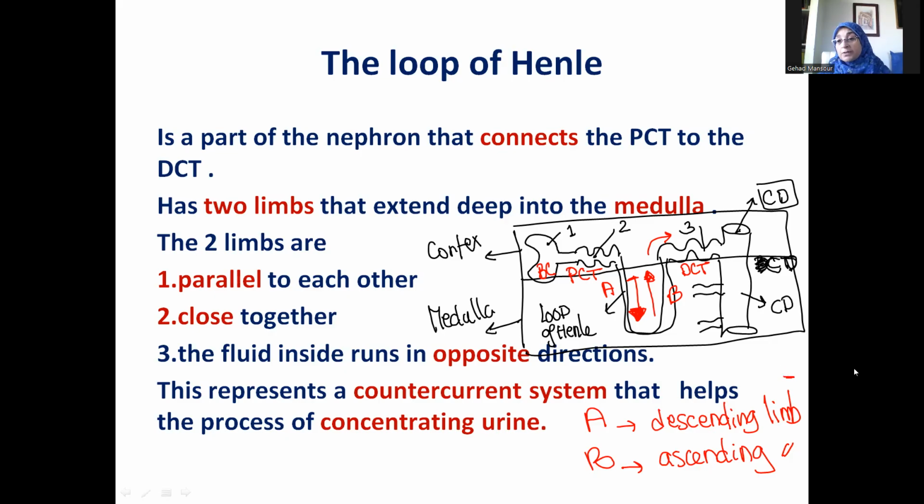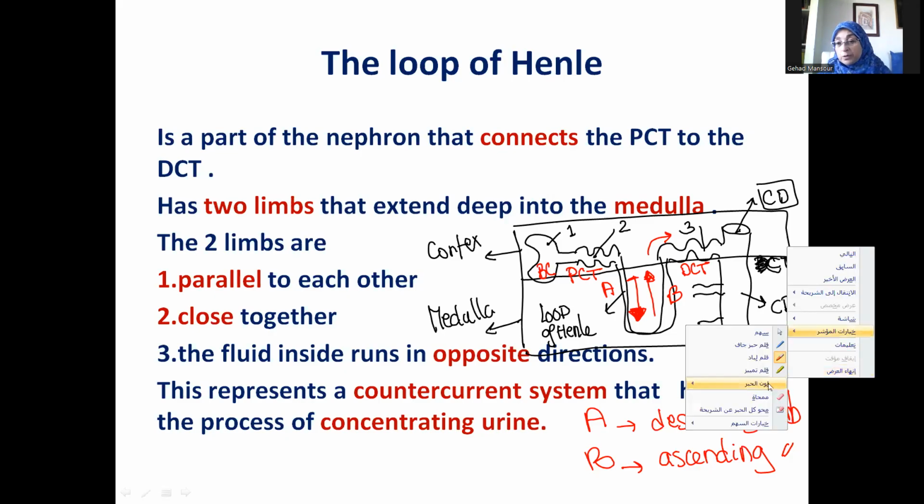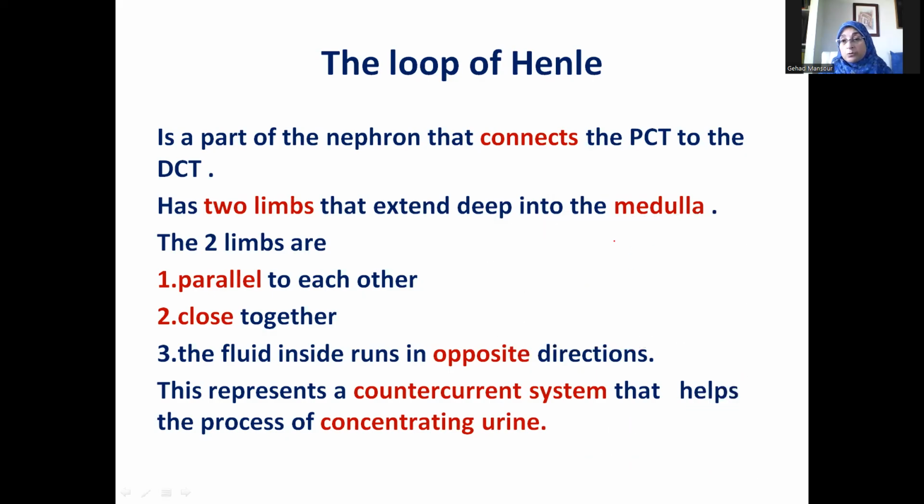If we apply this to the loop of Henle, we will first erase everything on the screen and draw the two arms of the loop of Henle. Actually, the loop of Henle is U-shaped. So we have fluid moving downward in arm A, and fluid moving upward in arm B. The two arms are parallel to each other and close to each other.